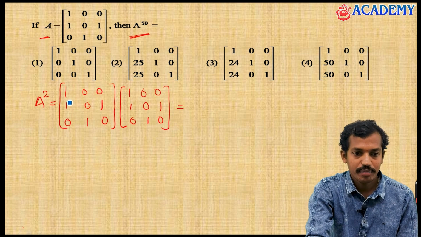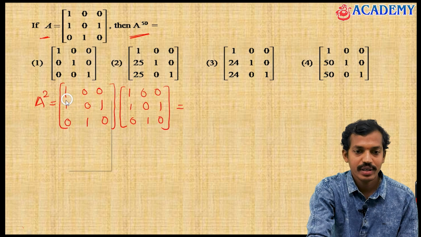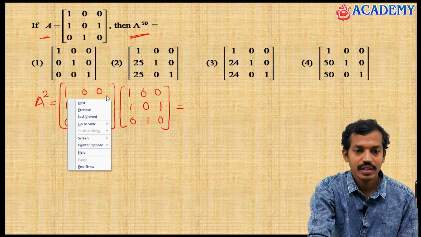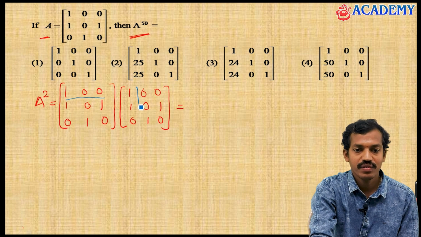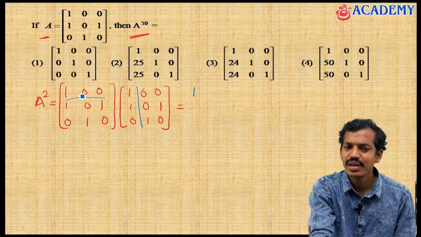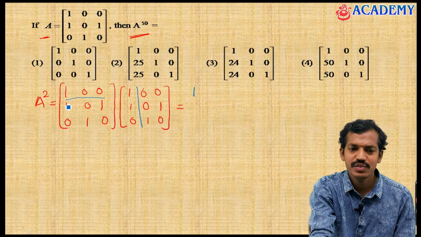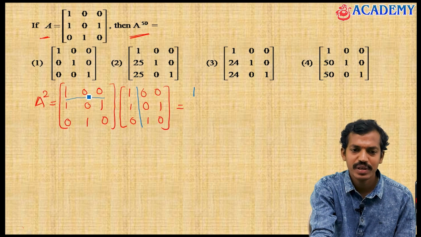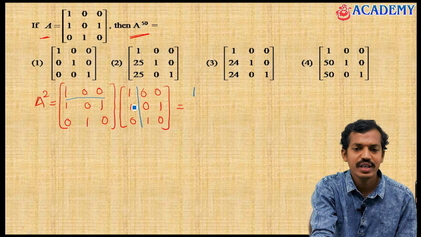Multiplication of two matrices means first row with first column: 1 into 1 is 1, plus 0 into 1 is 0, 0 into 0 is 0, 1 plus 0 plus 0 is nothing but the first element you are going to get, 1. Understanding, right? Simply I am multiplying: first row means you write 1 into 1 plus 0 into 1 plus 0 into 0, you are going to get 1.